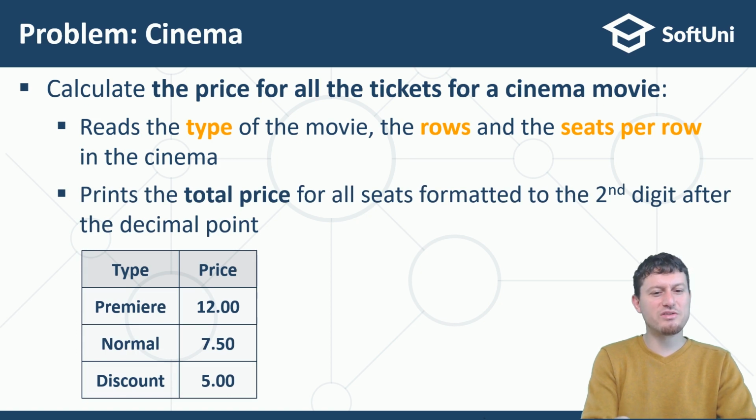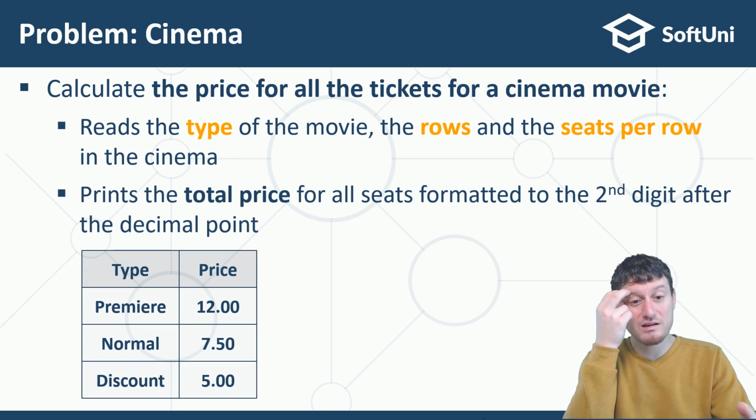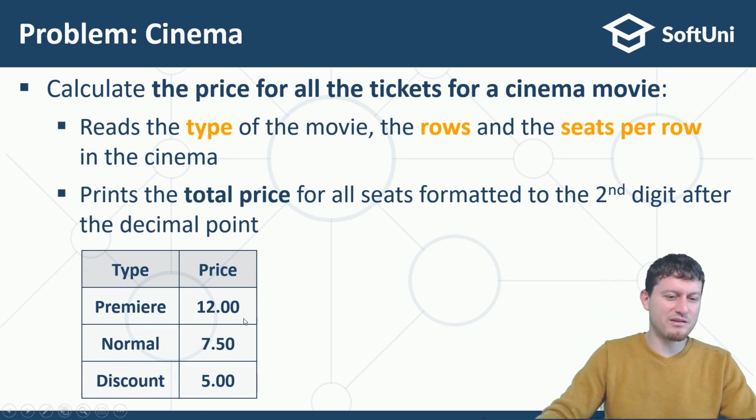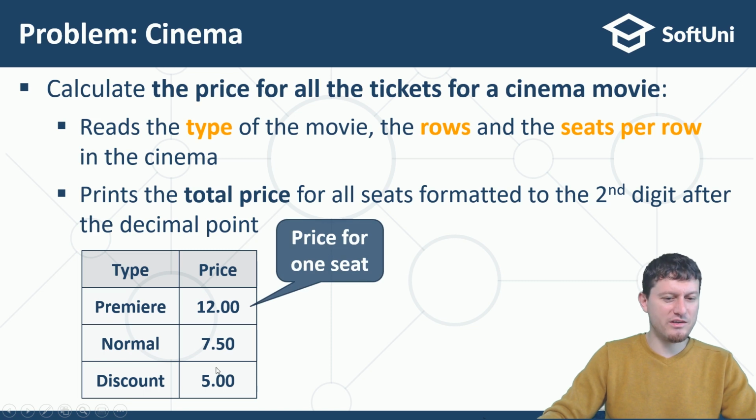So depending on the type of the projection of the entire movie, we have different prices. Premiere 12, normal 7.5, and discount tickets are 5.